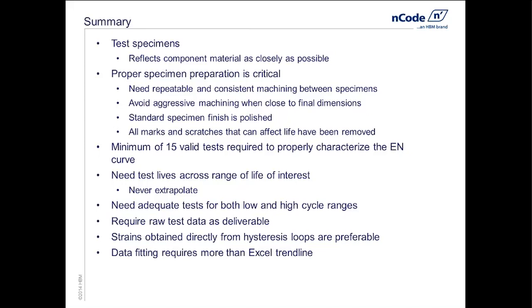You want to guarantee that you have tests throughout the range of lives that we have to look at for our component, so we never extrapolate outside the range of data we have. We also want data points in both the high cycle and low cycle behavior, because we're going to fit lines through both those regimes.